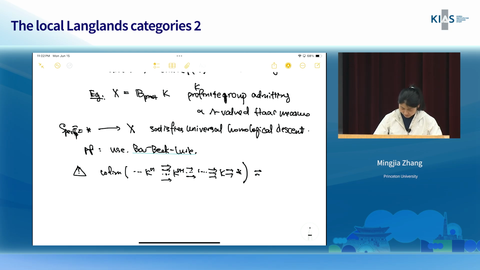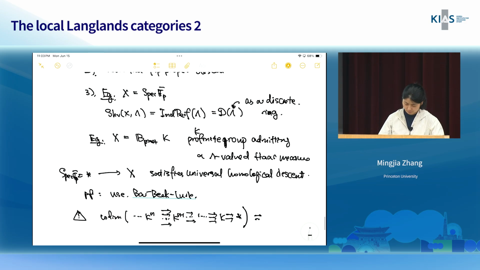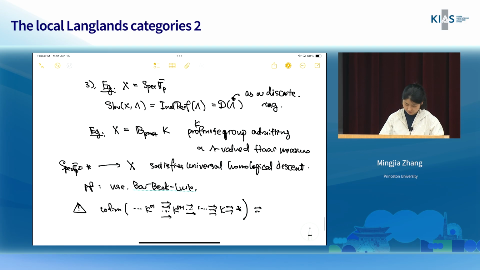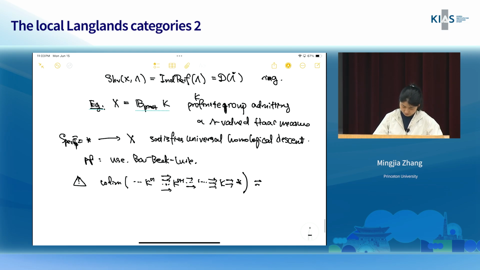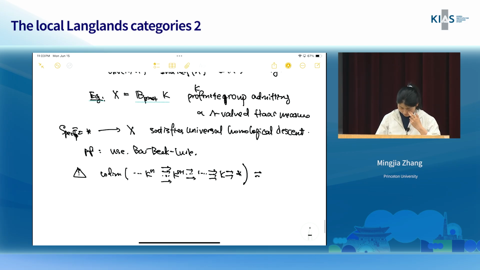And then you might think that this result should follow formally from the definition of sheaf as right Kan extension when X is a stack like this. If you have a stack that is a colimit of such a diagram, then by the definition of sheaves as right Kan extension, the sheaf category on the stack will automatically be the limit of the sheaves on terms in this Čech complex.